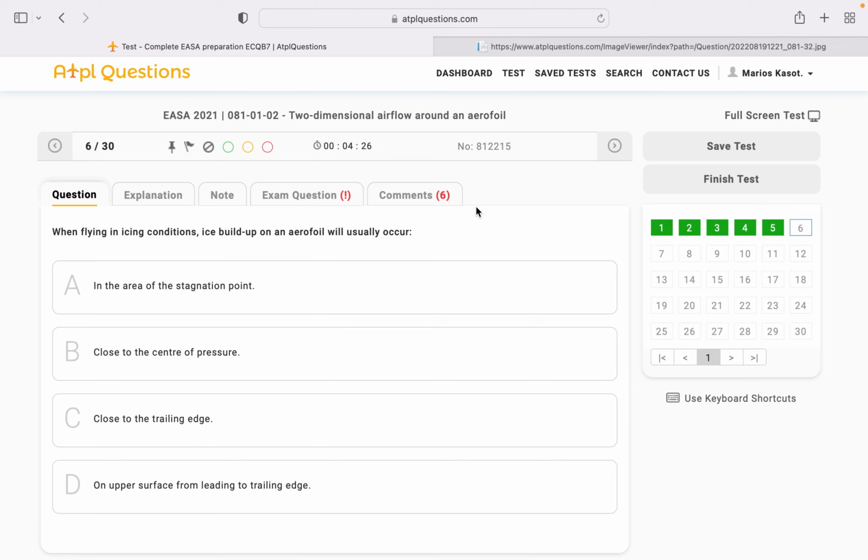When flying in icing conditions, ice buildup on an airfoil will usually occur in the area of the stagnation point, close to the center of pressure, close to the trailing edge, or on the upper surface from the leading to the trailing edge.